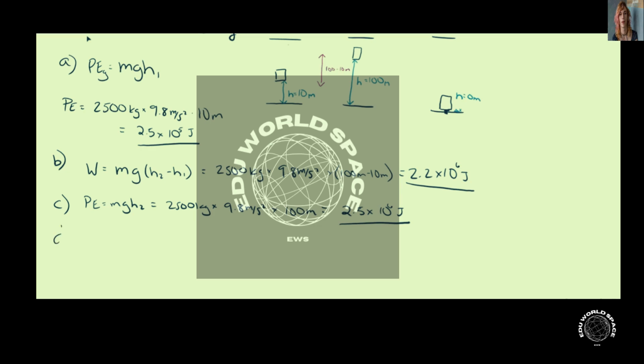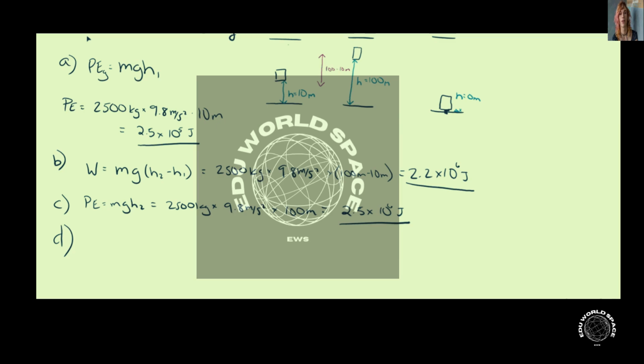Okay, and part D, they ask about the velocity of the elevator and the kinetic energy right before it hits the spring. So at that point, we consider the height to be 0. And we know that because of conservation of energy, the total energy at any of these points has to equal the total energy at any other point.